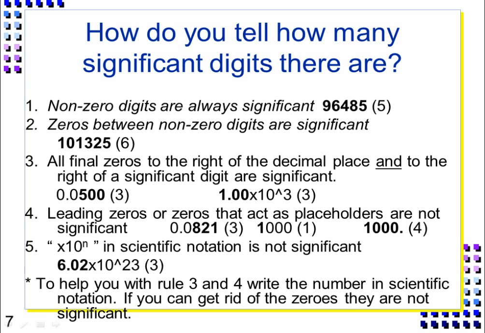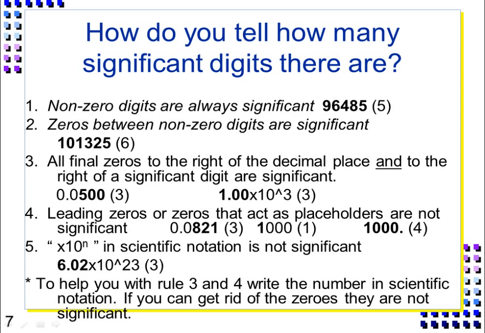Rule 5 says that when you write a number in scientific notation, the times 10 raised to a power part of the scientific notation is not going to be significant. So if I have 6.02 times 10 raised to the 23rd power, the only significant part is the 6.02.